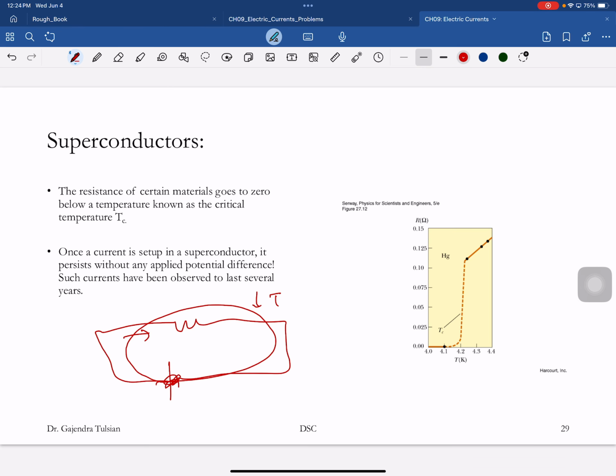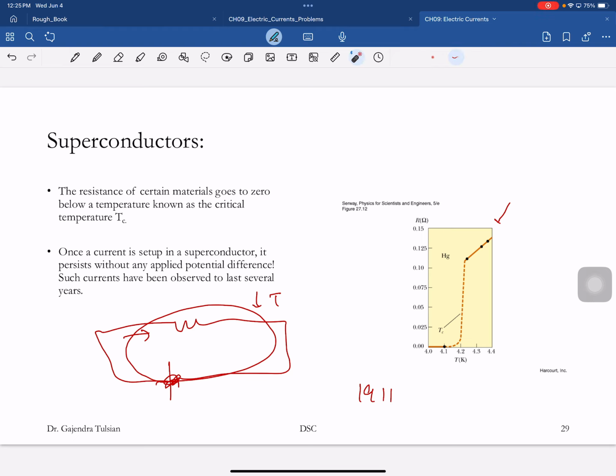All right, so there are certain materials whose resistivity will go to 0 below a temperature which is called the critical temperature. Superconductivity was first discovered in mercury in 1911. And it became superconducting below 4.2 degrees Kelvin.